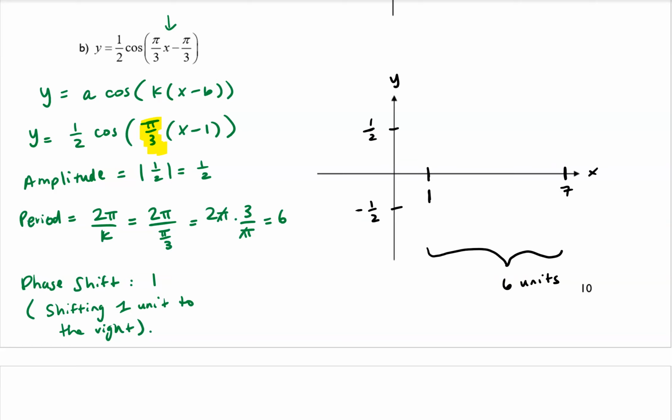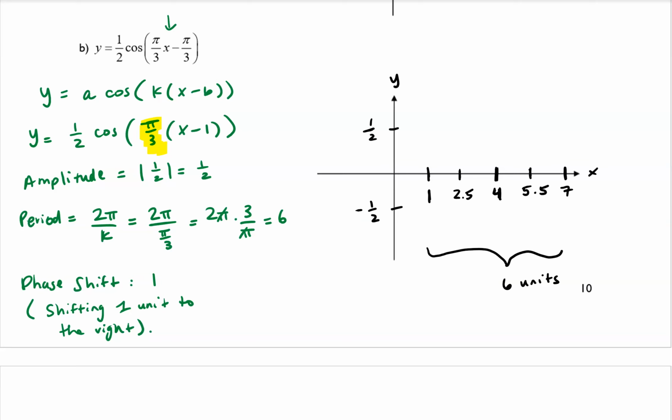And the way that I like to split up my axis is I take the midpoint of 1 and 7, which is 4, because 4 is 3 units away from 1 and from 7. And then I take the number that's halfway between 1 and 4, which you can take the average of the two numbers, and if you do that, you would get 2.5, and then the number that is halfway between 4 and 7 would be 5.5.